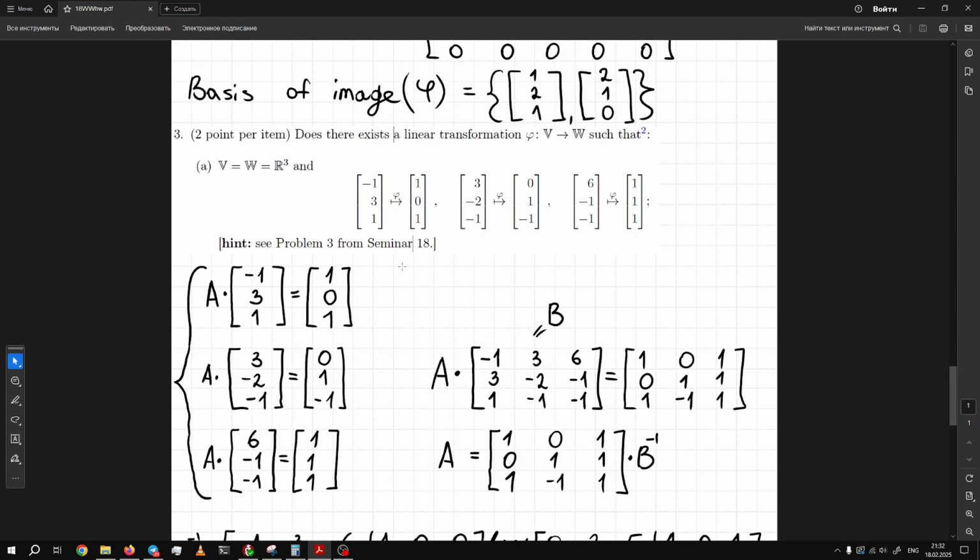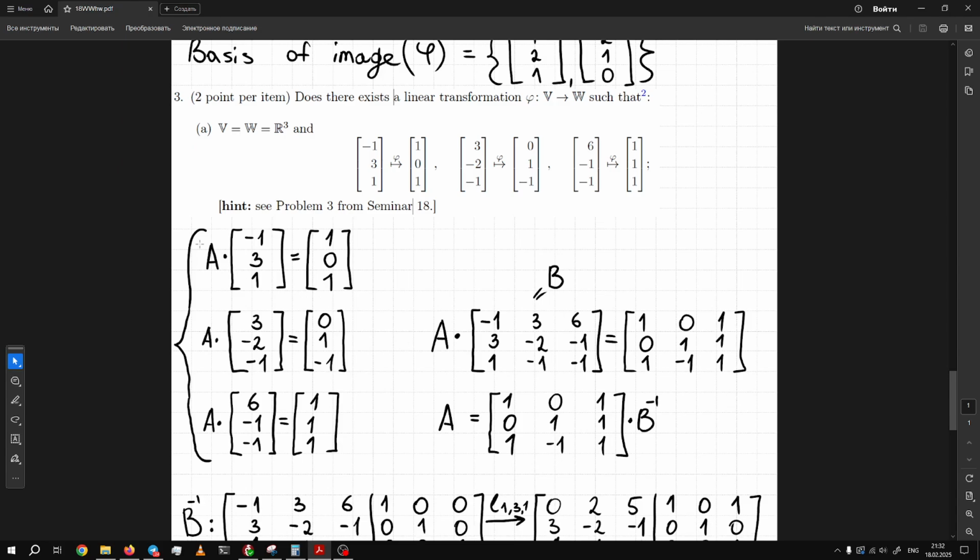and what is actually this transformation? We have some vector, and when we do some operation with this vector, we get an output, a new vector. So that means that we can write A multiplied by this vector gives this vector, and we write it for all three transformations.